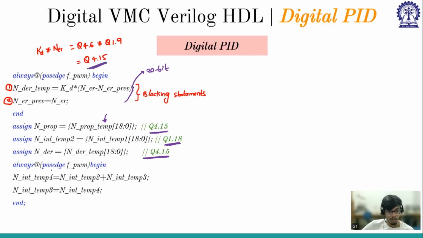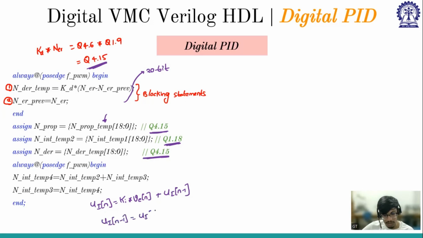Fine. So now we know that ui of n is ki star ve of n plus ui of n minus 1. Similar to KD, where we multiply n error minus n error previous and then update n error previous with n error, in the integral, first we'll do this, and then we'll update ui of n minus 1 with ui of n.